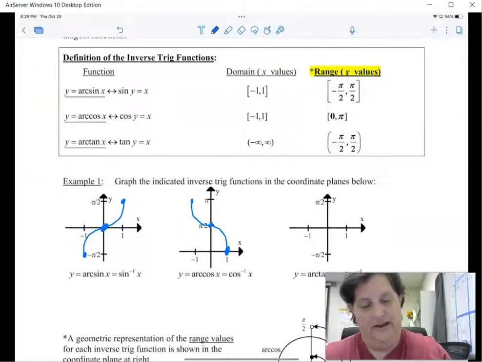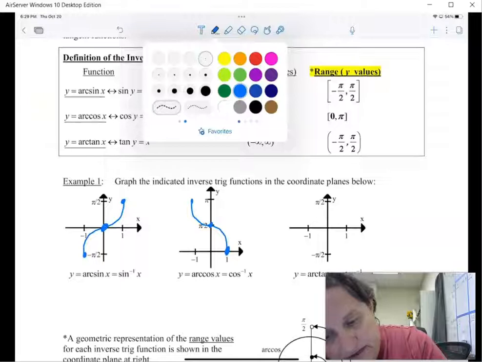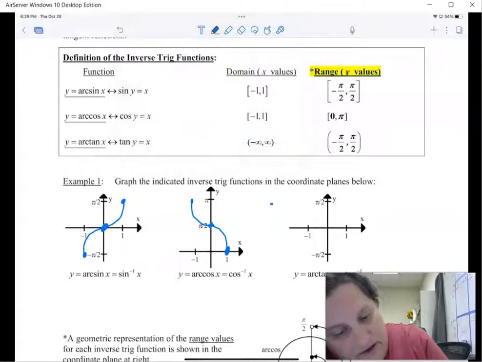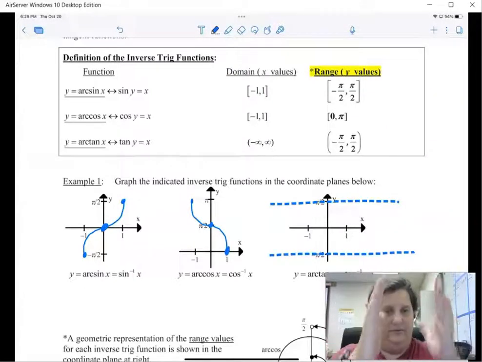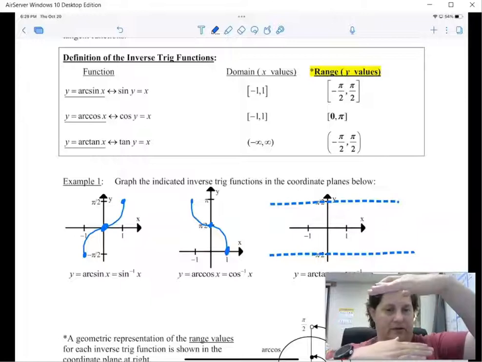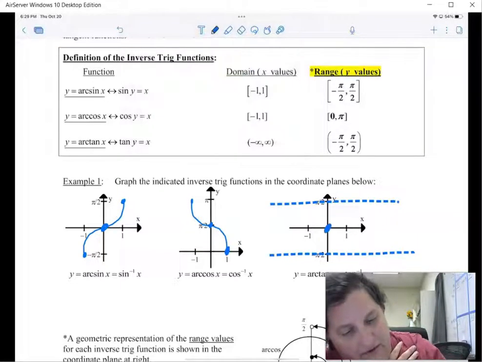So inverse tangent has an asymptote here and an asymptote here, because with regular tangent, it has asymptotes at pi over 2 and negative pi over 2, so inverse tangent would be that way. It goes through the point (0, 0), and it goes like that.